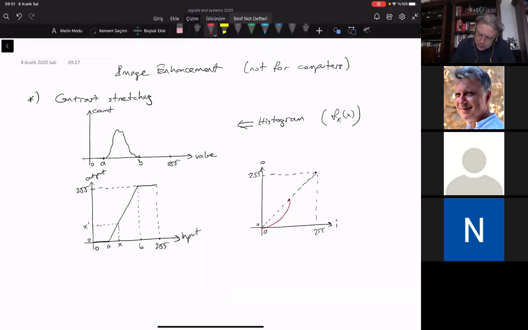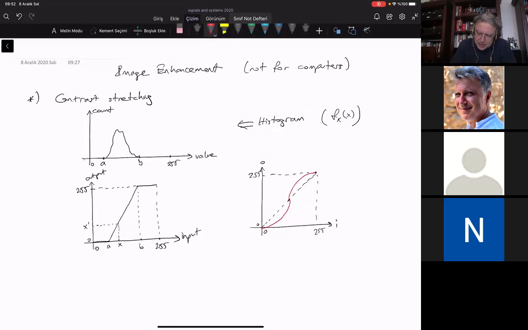And if you do this kind of a curve on the bright sides, it makes the bright gray values become closer to white, larger than their original values. So the brights will be brighter and the darks will be darker if you apply this red curve.